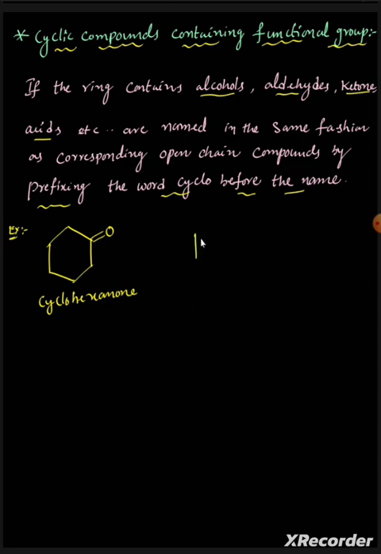Okay, see, go for another example. Okay, name of this compound is cyclobutane carbaldehyde. Cyclobutane carbaldehyde.